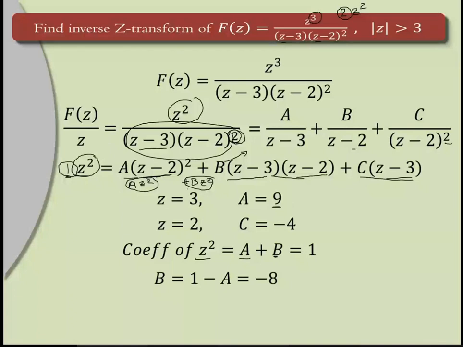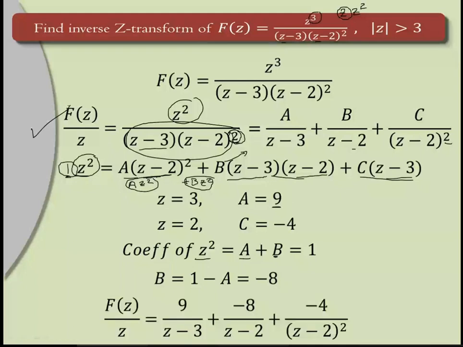Now substitute these values back into this f of z over z. So f of z divided by z will be 9 upon z minus 3 plus minus 8 upon z minus 2 plus minus 4 upon z minus 2 square. So we got this f of z by z, but what we want to find is f of z.